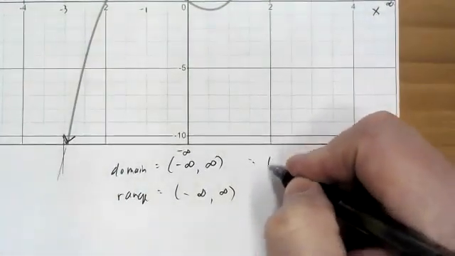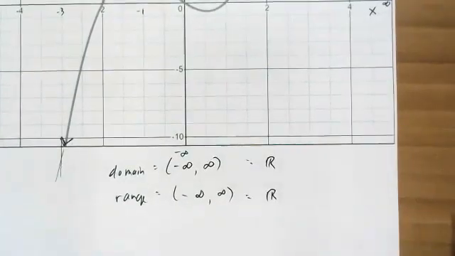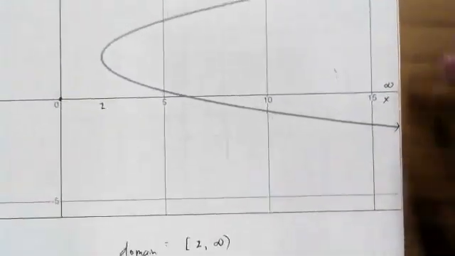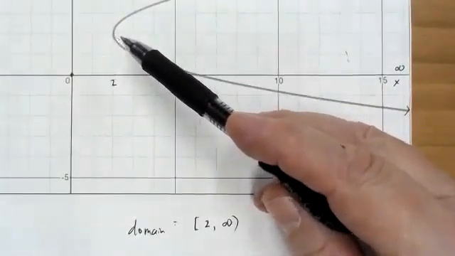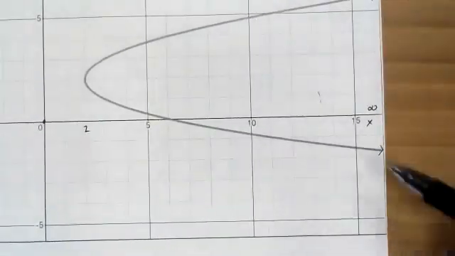But let's finish up these graphs where we started to find the domain. So this one, you could have said the domain is all real numbers, the range is all real numbers, if you wanted to. Remember this one? We've done the domain. We said the domain starts and includes 2, and it goes to infinity. But how about up and down?